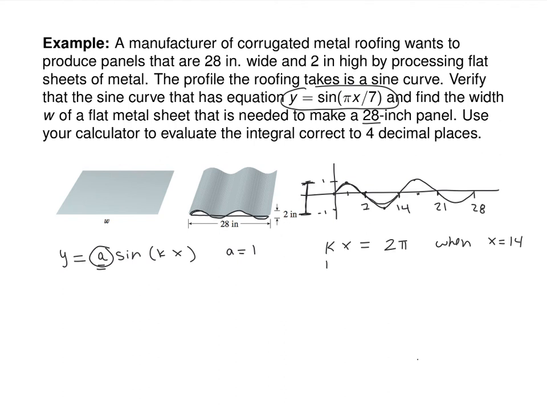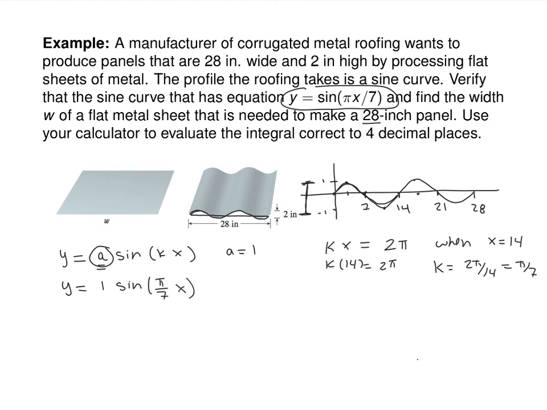So k times 14 equals 2 pi, and that tells you that k is 2 pi over 14, or pi over 7. So that is the equation that they gave you. The equation of this is going to be 1 sine pi over 7x.